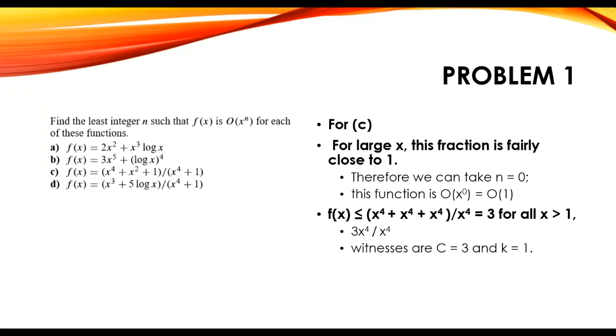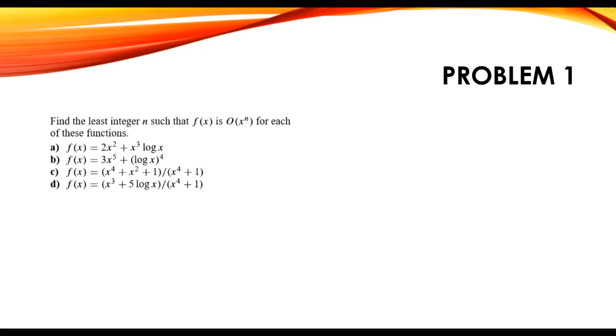Okay, how about letter D? It's almost the same as C. We have x cubed plus 5 log x over x to the fourth plus 1. So we have 5 log x and x cubed in the numerator, and x to the fourth plus 1 in the denominator.